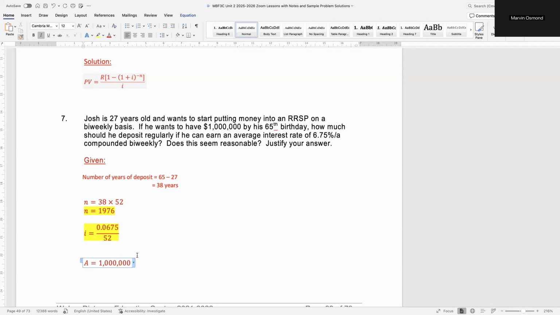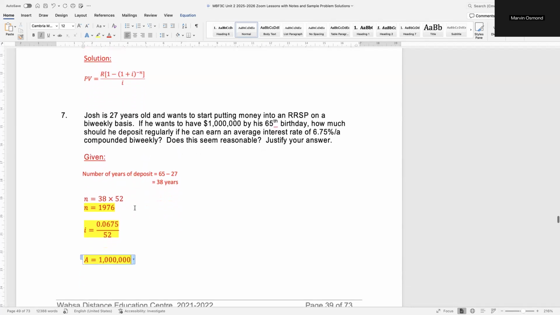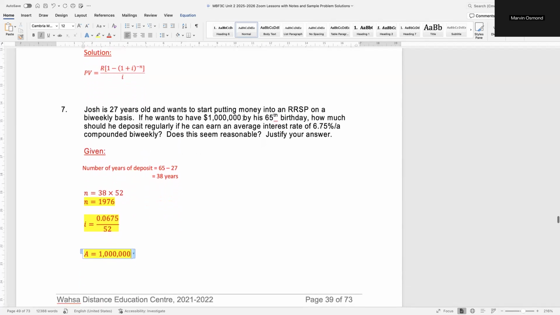And what we're asked to find is the R value, so how much should you deposit on a regular basis?